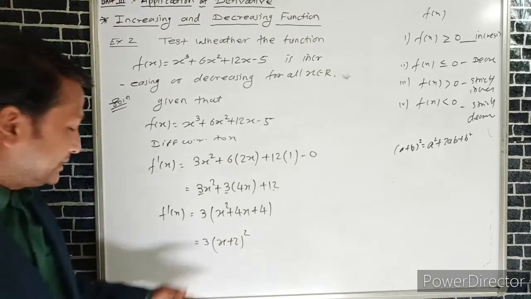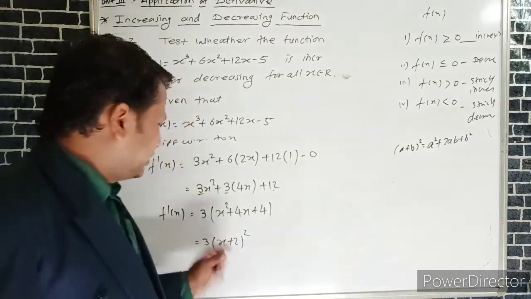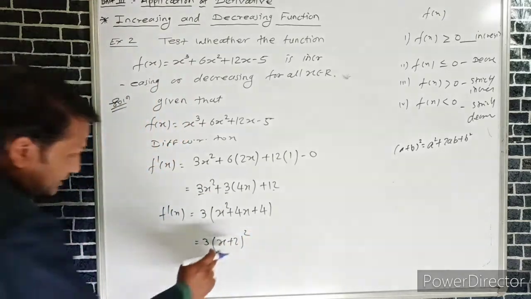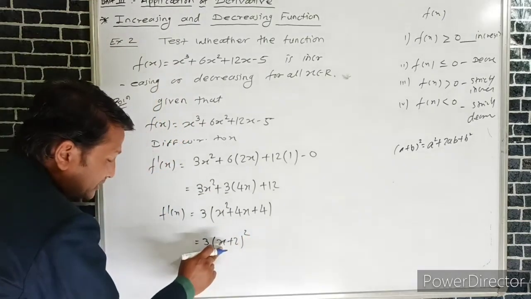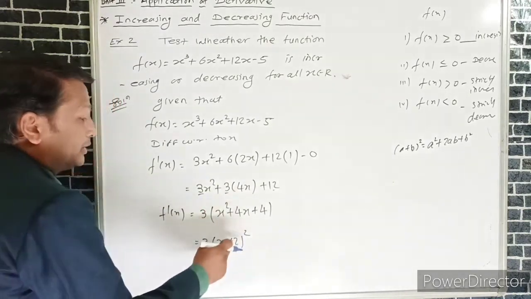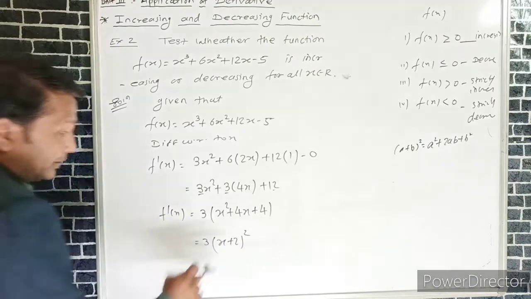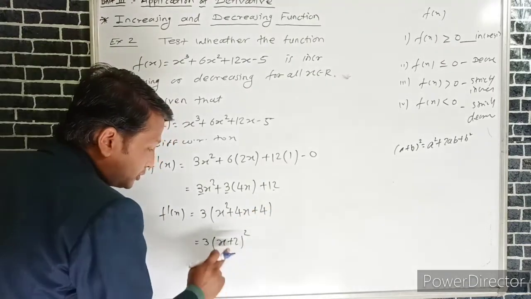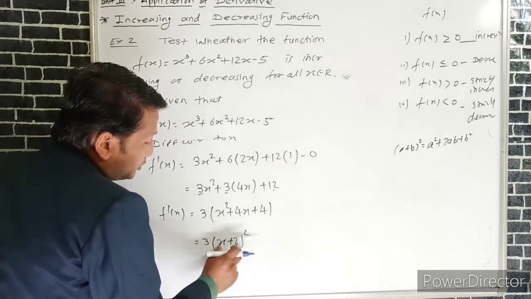Here, whether x is positive or negative, the square is always positive. If x is 0, then 0 plus 2 is 2, which is positive. If it is negative, its square is positive. If it is positive, its square is positive.